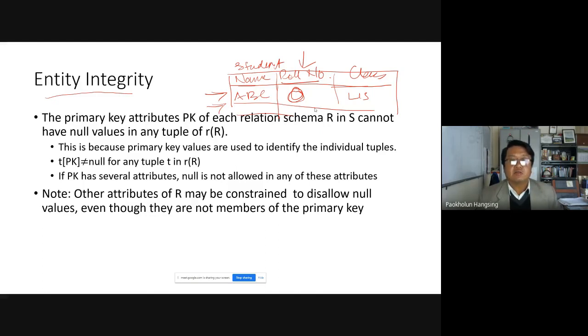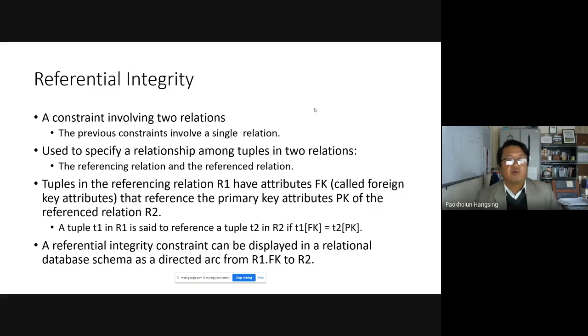Remember, one relation. Now, when we say referential integrity, we are talking about a constraint that involves two relations, and how those two relations refer to each other. This is used to specify a relationship among tuples in two relations. So there will be the referencing relation and the referenced relation.